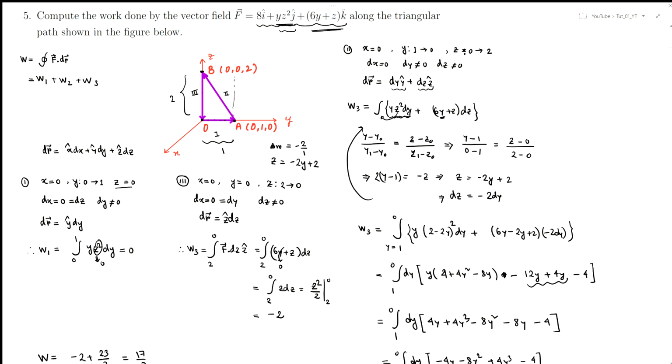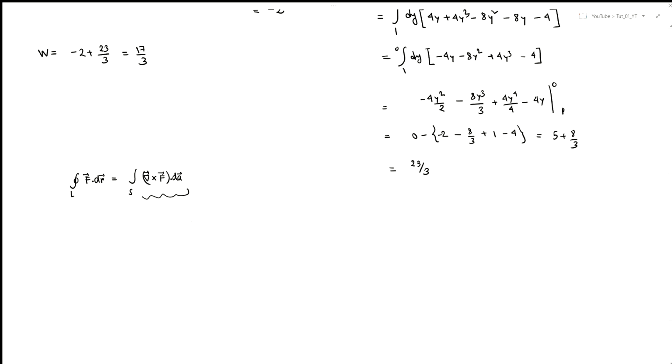If you curl your fingers along the path, the diagram will give the direction of the n cap vector, the area vector. So our area vector is along x cap, and the small area element will be x cap dy dz.